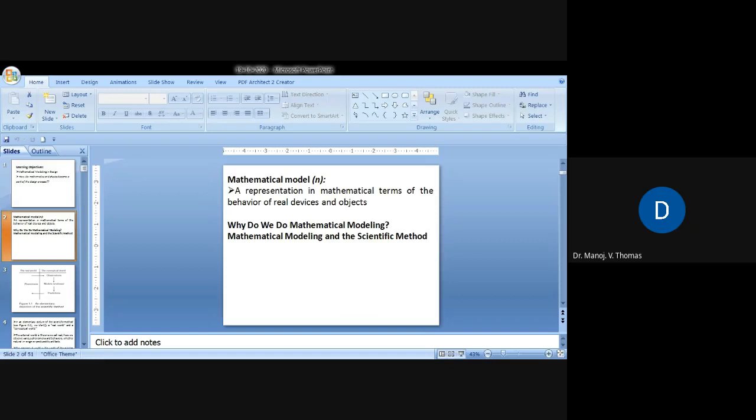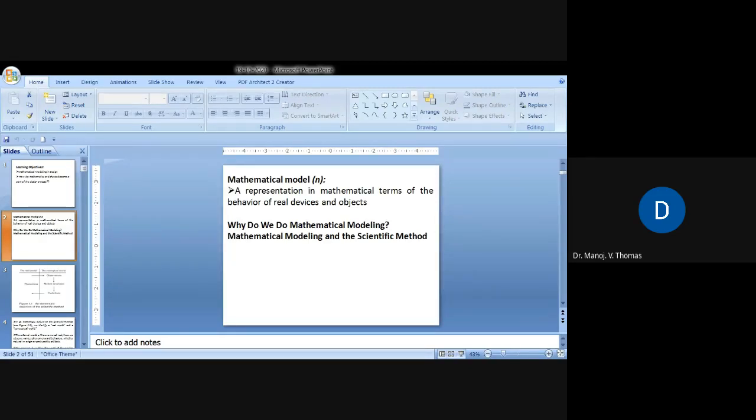So where do we need mathematical modeling? Say for example, when you want to build a car, mathematical modeling is required, in the sense of what is the maximum speed at which a vehicle can move. Or say for example, a tire: what is the maximum pressure that can be inserted in the tire?